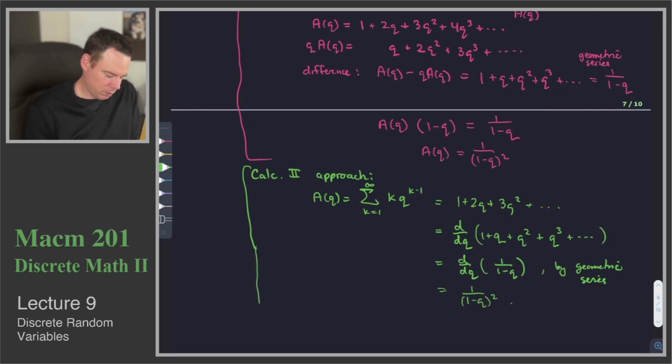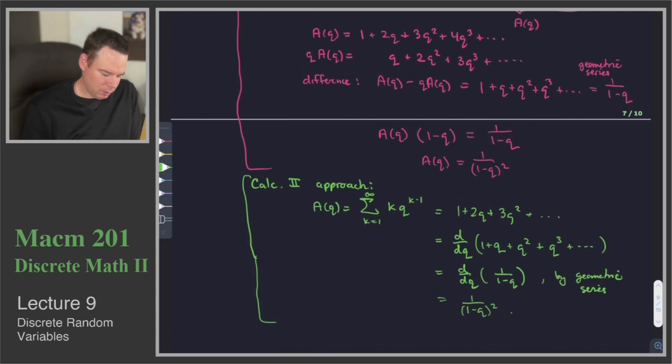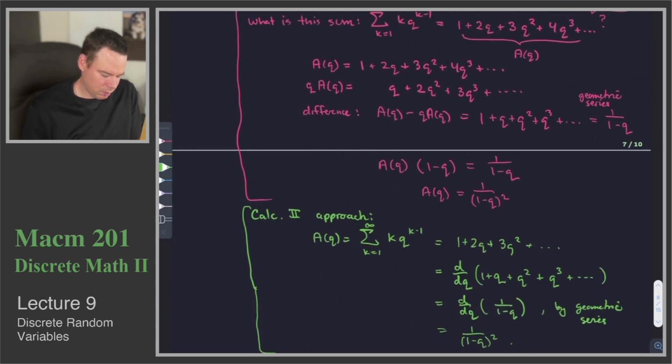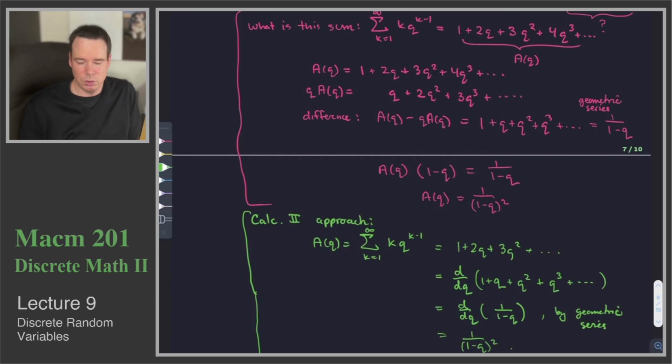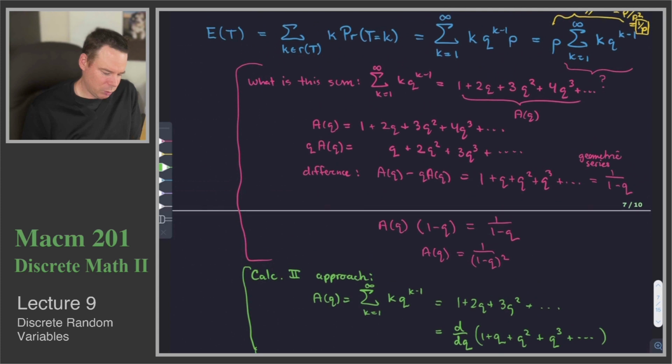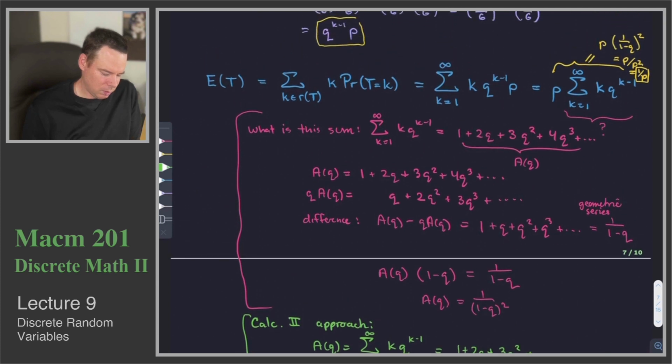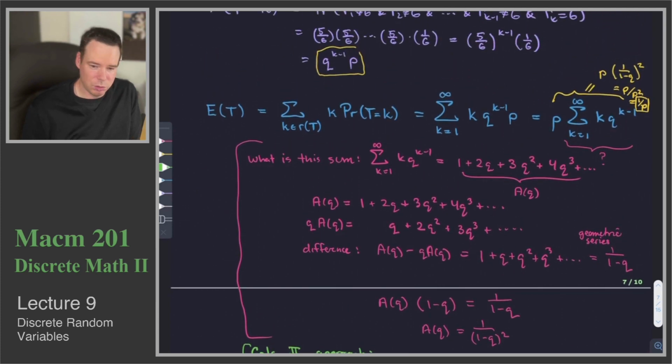And so there's an alternate way to see how a(q) is 1 over 1 minus q squared. Now this alternate way is for those who have seen calculus, Calculus 1, possibly Calculus 2 where you've dealt with series. If you haven't done that, no worries, that's why I did the first proof. The first derivation of what that sum is used just algebra. It was just simply an algebraic argument to get the value of that sum.